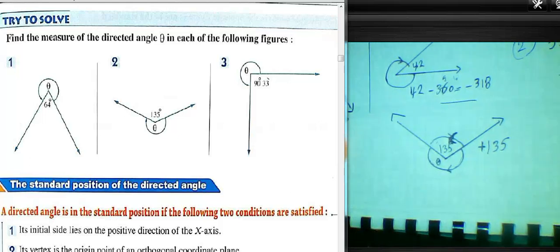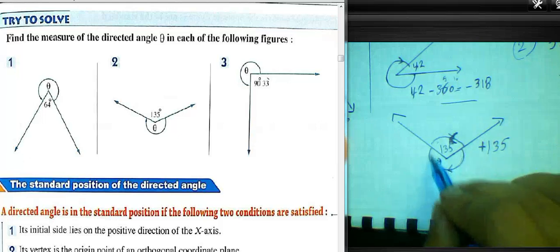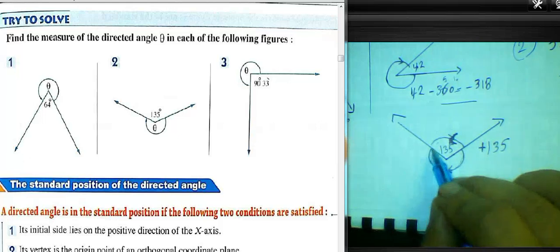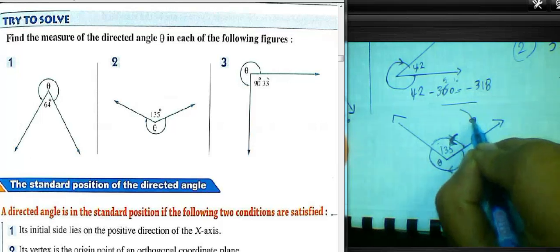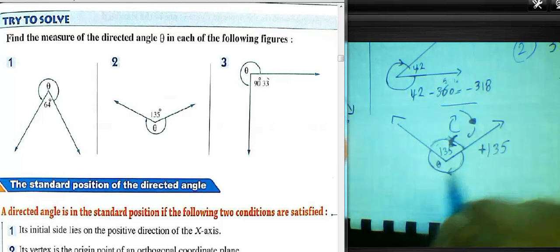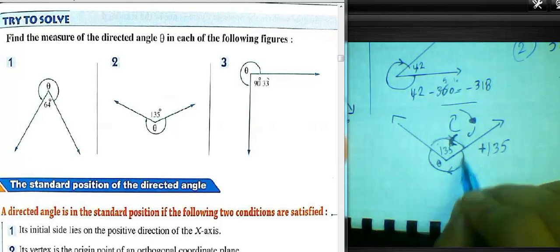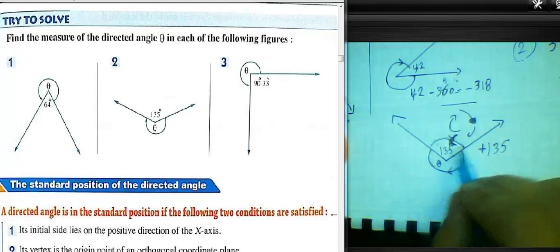Again, this direction is clockwise, so this direction will be the inverse of this direction, anti-clockwise.